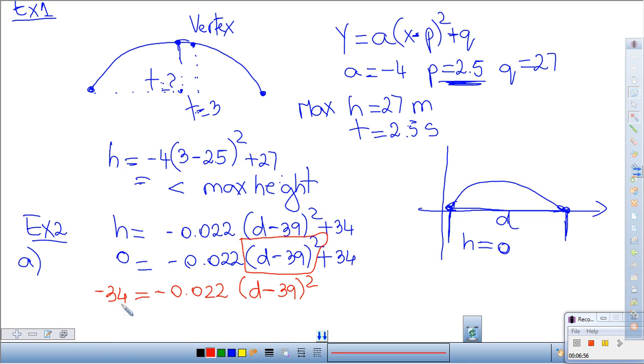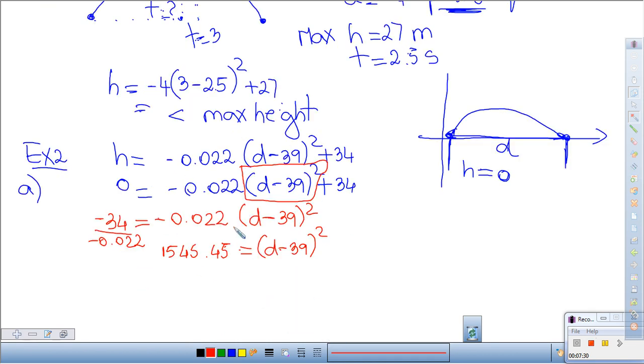So it becomes 1545.45. Now it became a positive because I had two negatives divided by each other, equals d minus 39 squared. Now I'm in that scenario that I want, which is square rooting both sides.